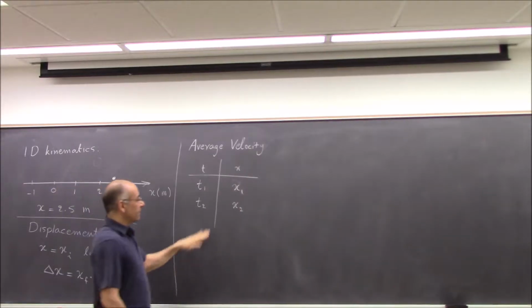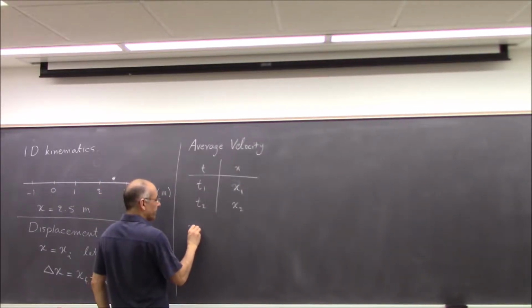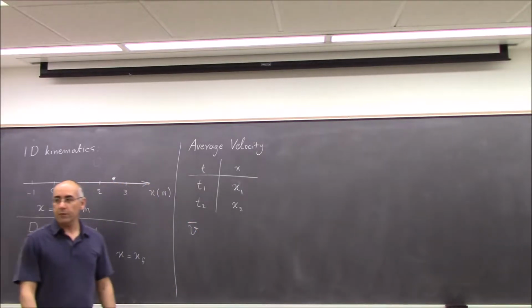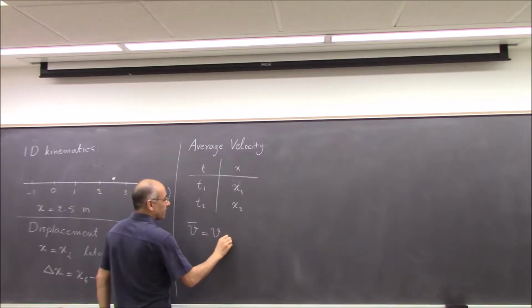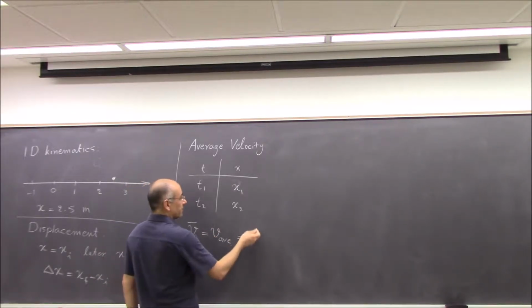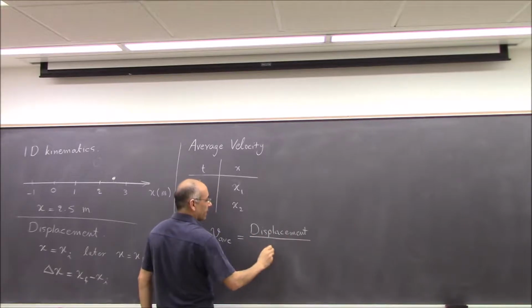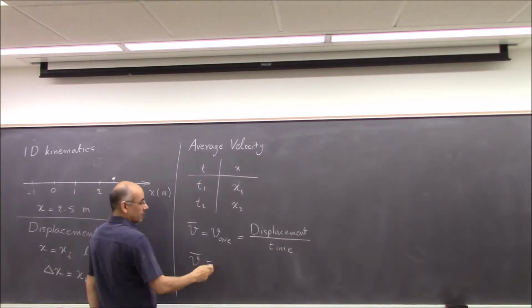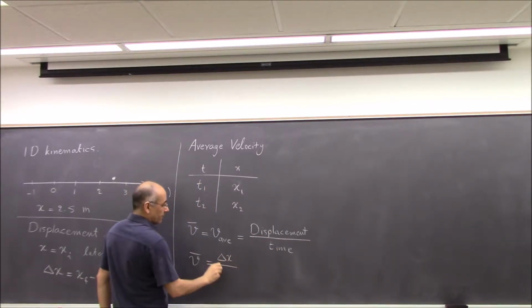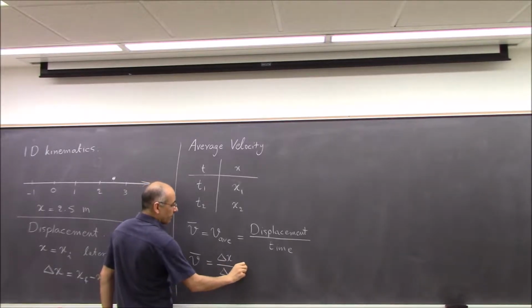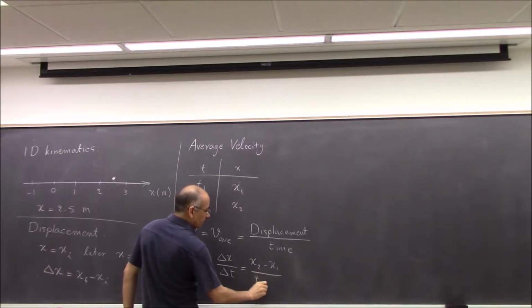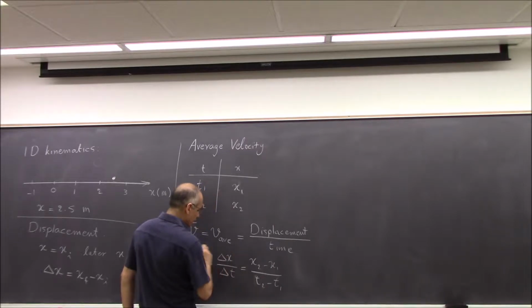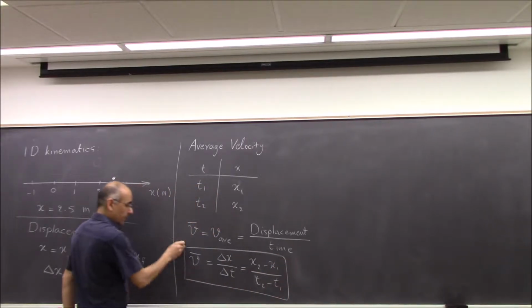In that case, we define the average velocity, denoted by v with a bar over it. Sometimes we say v average. It's defined by displacement divided by time, or delta x over delta t, or x2 minus x1 divided by t2 minus t1. This is the definition of average velocity.